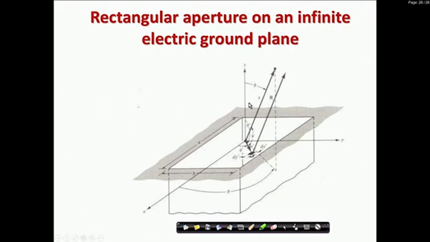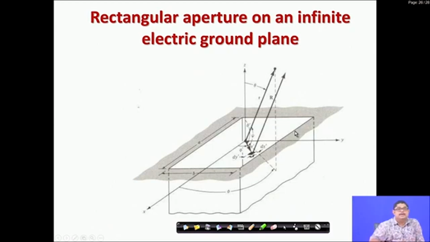There is an infinite conductor, though here it is shown as finite, but assume it is infinite. So, for infinite, generally we say that on each side the conductor should be at least 5 lambda long.